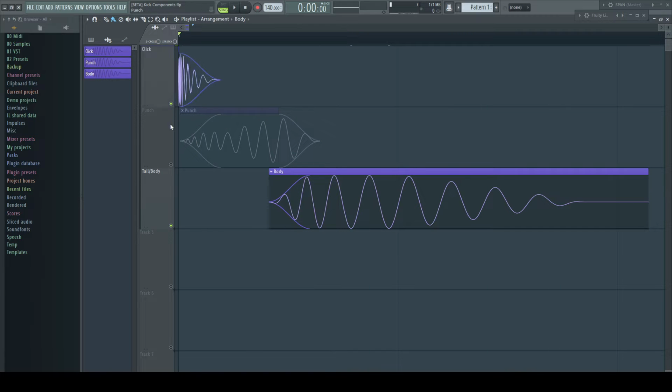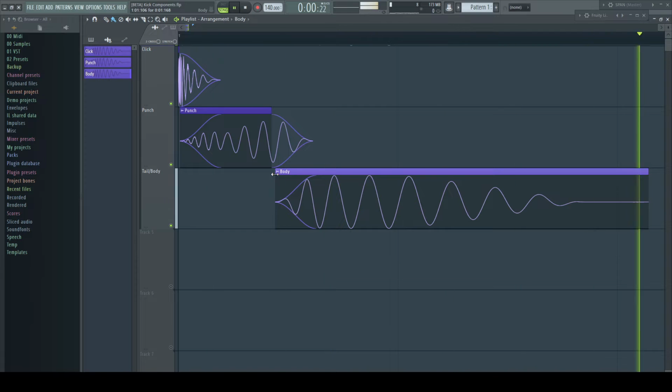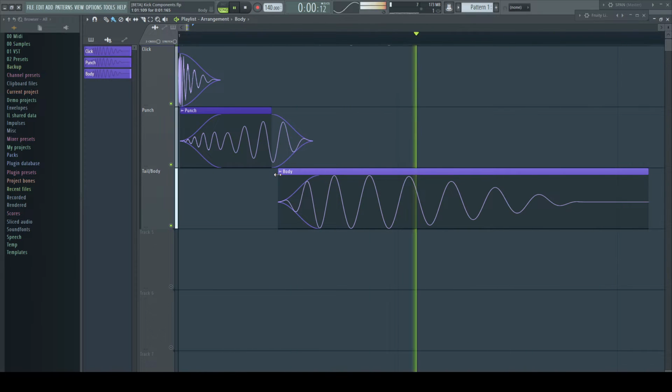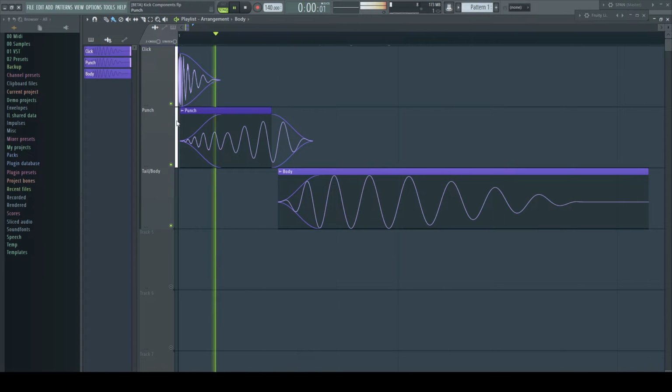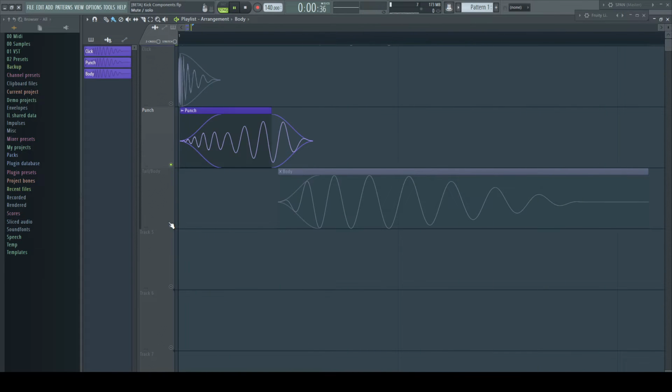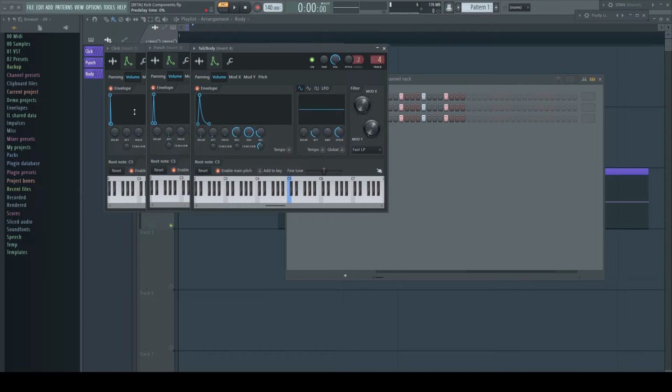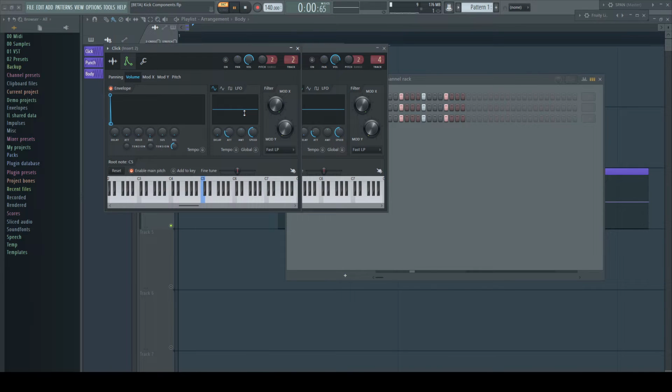We can do so by just resizing the audio clips, or using the envelopes in a sampler, or if you like, with volume automation.